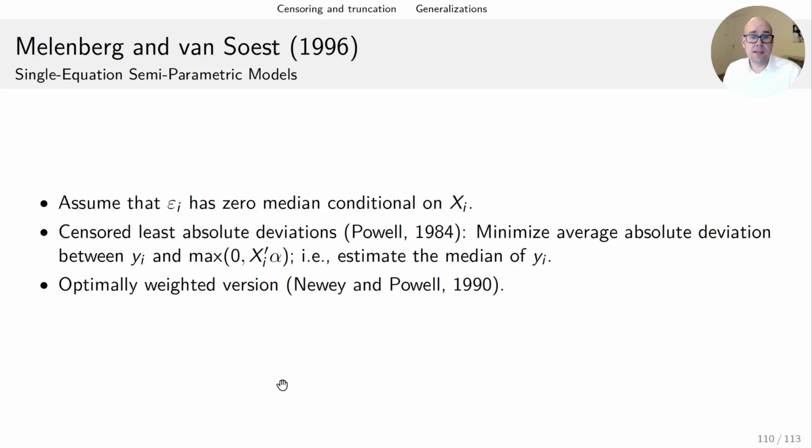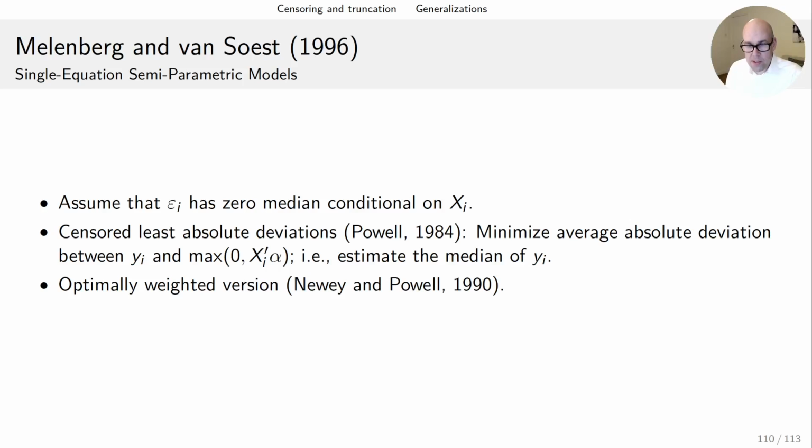And this is then called censored least absolute deviations estimation, proposed by Powell. And there's an optimally weighted version of that, proposed by Newey and Powell 6 years later. So this was proposed originally in 1984, and then the follow-up was in 1990.